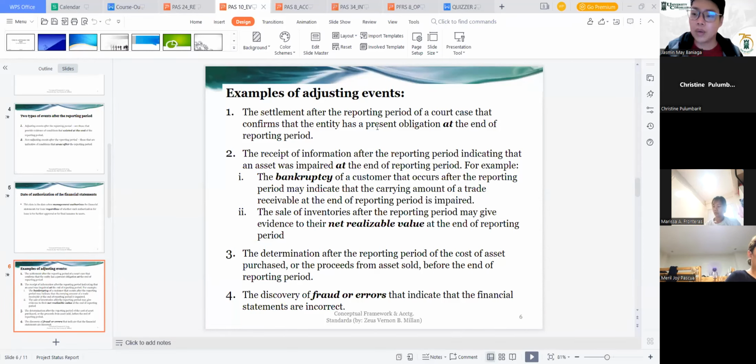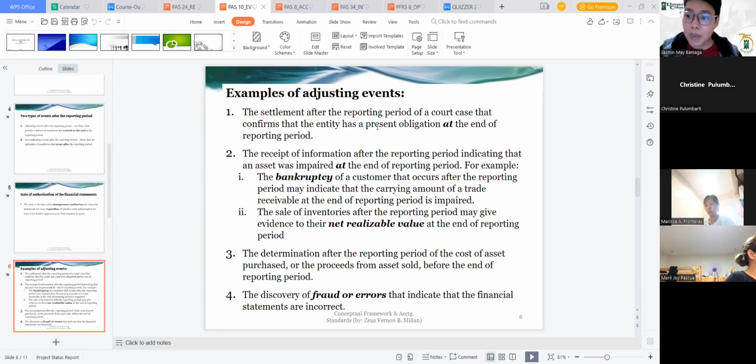And that's example number 1. The accounts payable happened on October 2022 for the said case because we estimated that we're going to lose. And it really happened. January 5, 2023, the case arrives already. There's already a final verdict with the case.